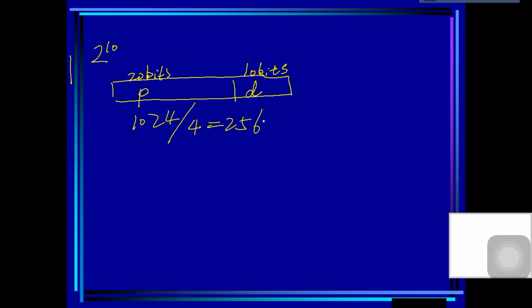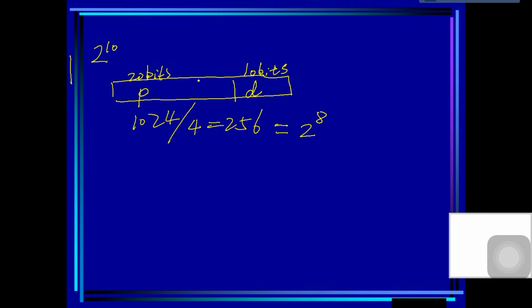That means in one frame there are 256 items of the page table. So it equals 2 to the power of 8. So we have to divide the page number from right to left.